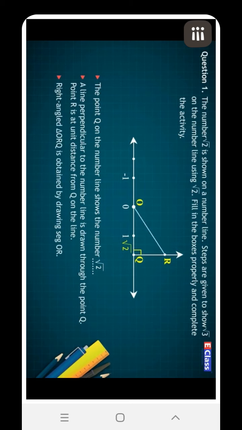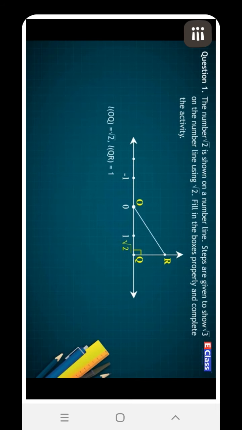Right angle triangle ORQ is obtained by drawing segment OR. Length of OQ is equal to square root of 2 and length of QR is equal to 1. Therefore, by Pythagoras theorem, square of length OR is equal to the square of length OQ plus the square of length QR.